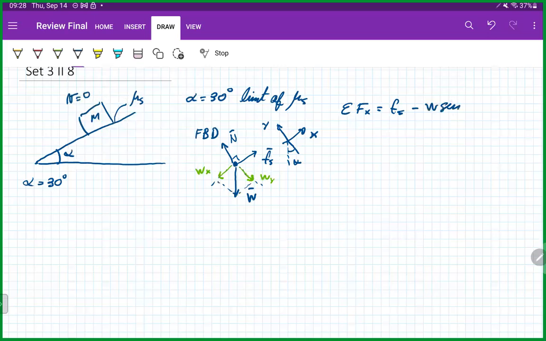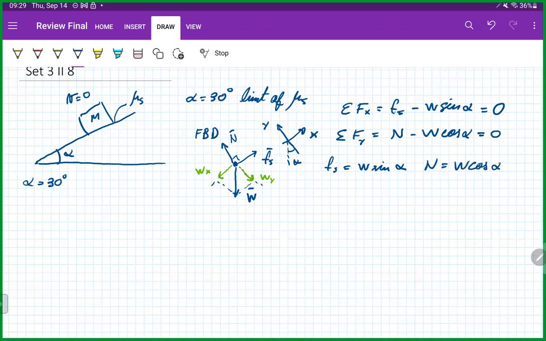Weight sine of alpha for X, and that sum is going to be 0. And we have the sum of Fy equals the normal minus weight cosine of alpha equal to 0. From this, we can say that the static friction is weight sine of alpha, and the normal is weight cosine of alpha, right?